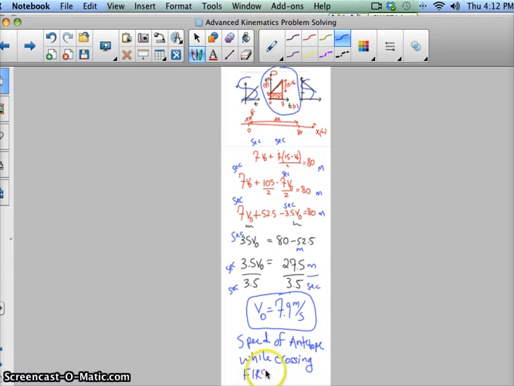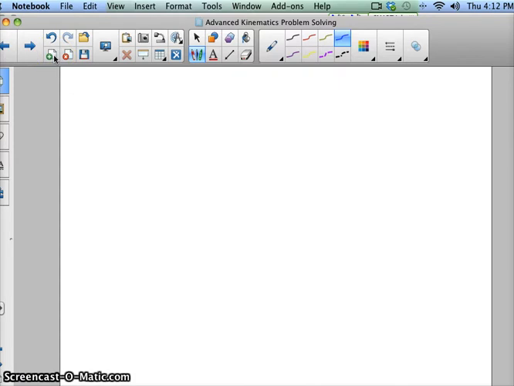Which is pretty cool. And you could go further with this problem. You could easily find an acceleration now. Maybe I should do that. So acceleration of the antelope is going to be the slope of this velocity time graph.